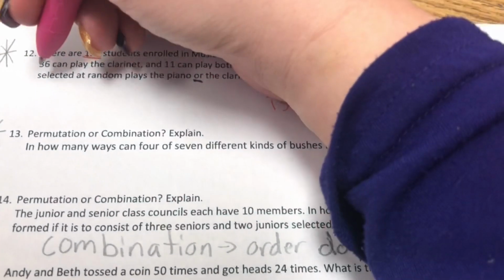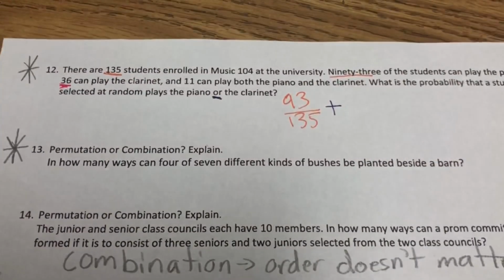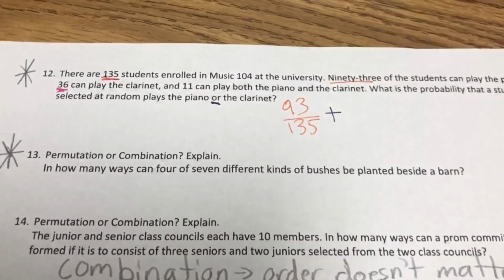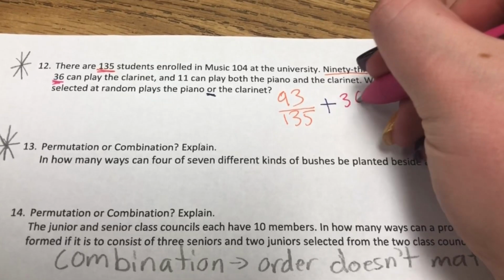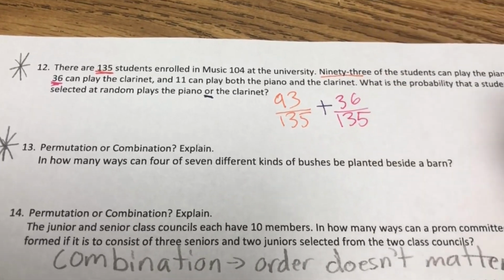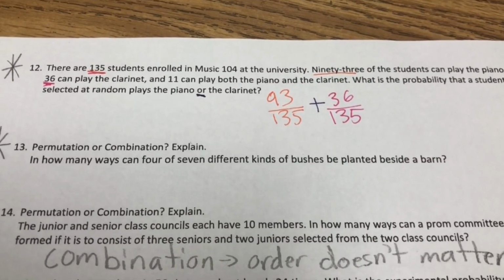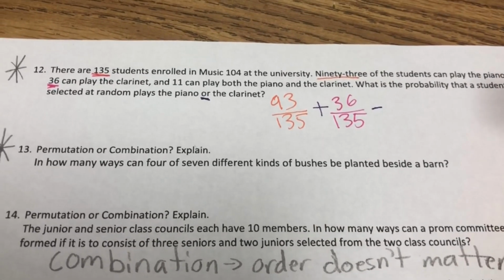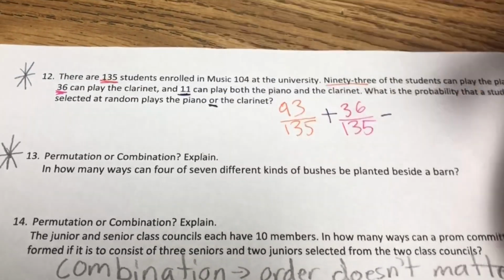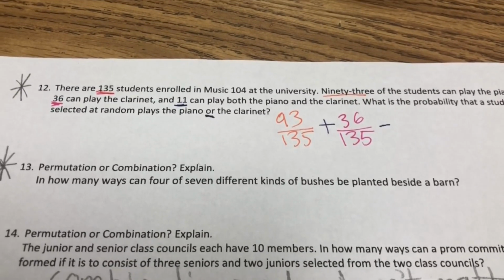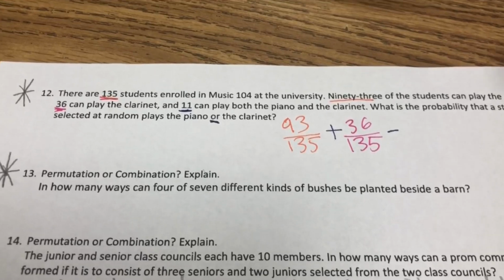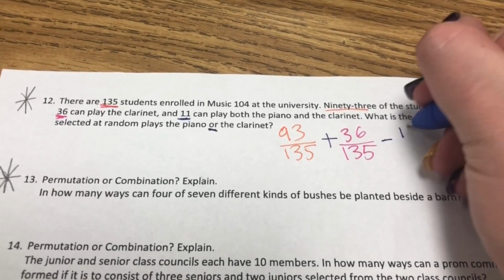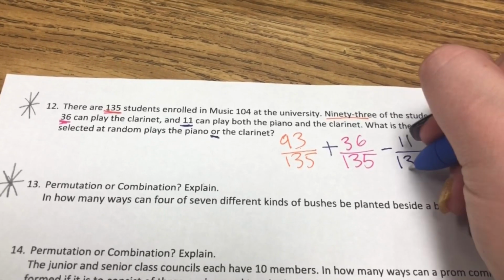Then we have 63 that can play the clarinet out of our 135 students overall. Then we subtract the overlap, the 11 players that can play both. We do not want to count these 11 players twice, so we have 11 over 135.